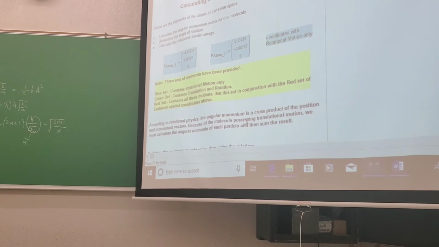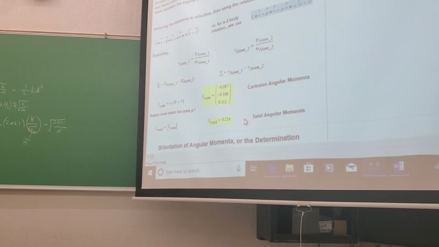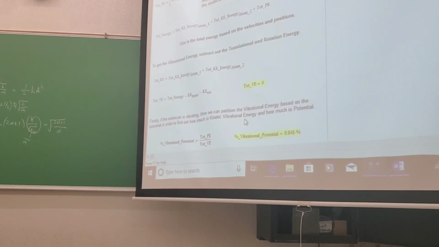This was classical, but you can do it quantum mechanically as well. The space and momentum I could always break down into translational motion, rotation, and vibration, and see how much of the energy is partitioned in each way. The fact that we can break these things apart gives us a great deal of information about where the molecule is moving, how it is rotating, and how it is vibrating. We just didn't go through that worksheet.